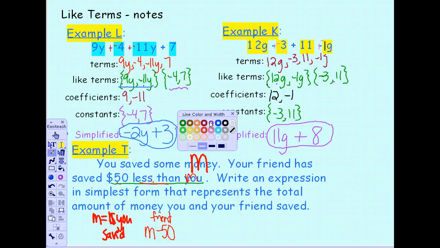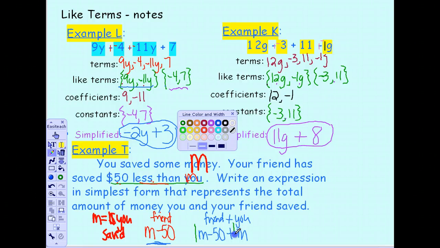Write an expression in simplest form that represents the total for you and your friend. So what we want to do is take your friend plus you. We want to add those two together. So your friend, we said, was M minus 50 plus your money was M. Like we said earlier, if there's a missing coefficient, we need to fill it in with a 1.